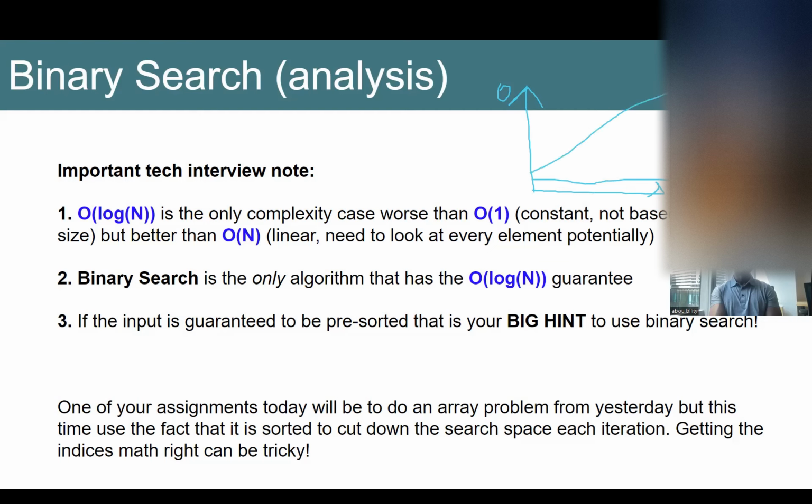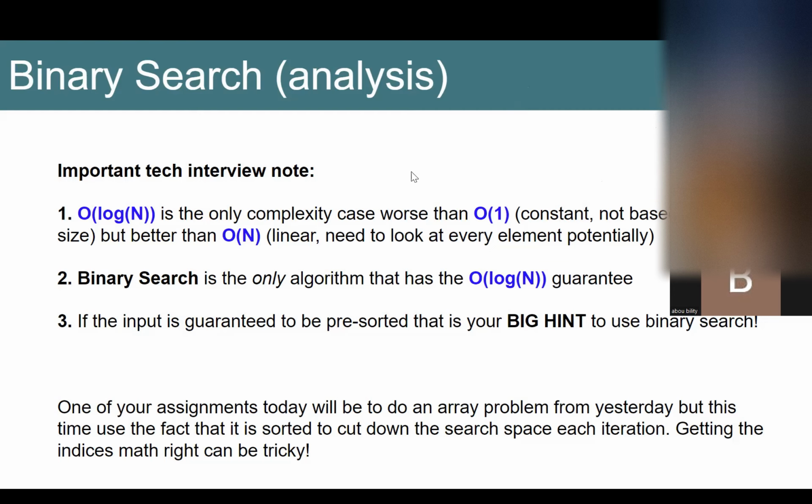So this is O of n, this is O of 1, and O of log n kind of looks something like that. Not exact by any means, but you'll see far better diagrams of this tomorrow. These are 3 things I would personally write down for your interviews and keep in mind, because you will be quizzed on this stuff.